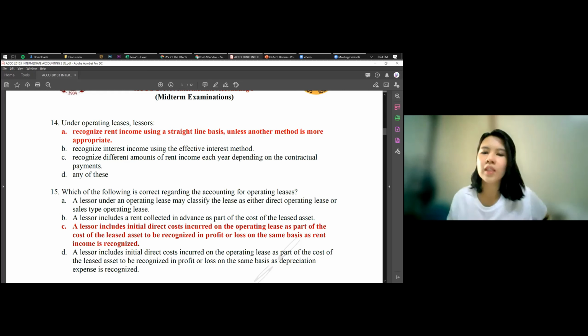So there's no sense in having the same basis as depreciation expense, which is straight line, right? Actually, we are basing on the patterns of the rent income.